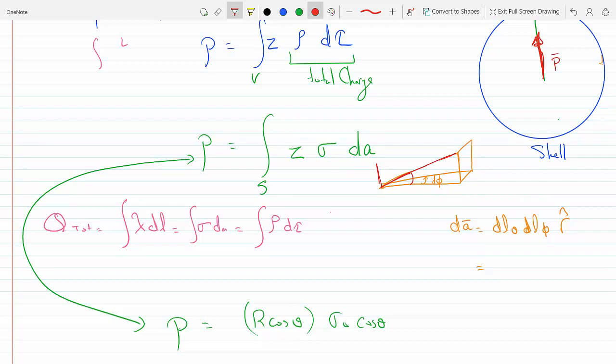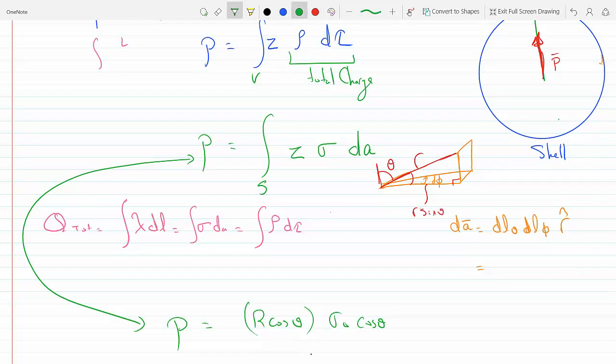So this guy here is theta, and we can see that this side here is 90 degrees. So this is r, so this will be r sine theta.